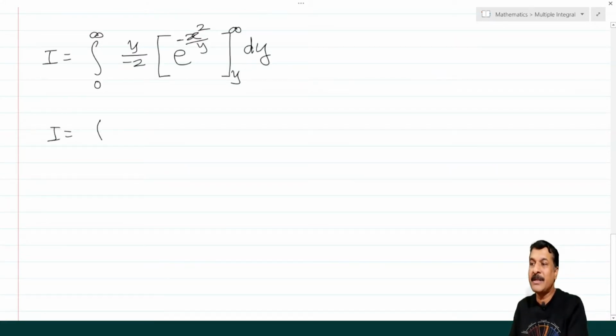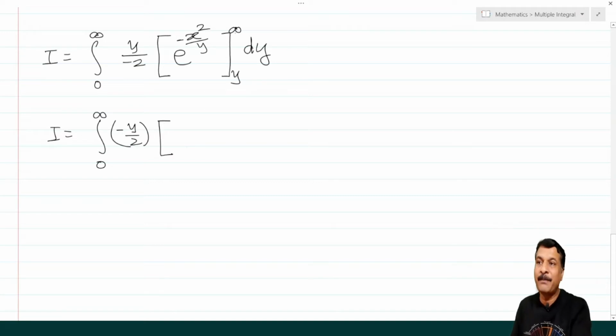So upper limit minus lower limit: upper limit infinity, e raised to minus infinity is 0, minus the lower limit, where x is replaced by y, giving minus y square by y. So I am getting e raised to minus y, and dy as it is.